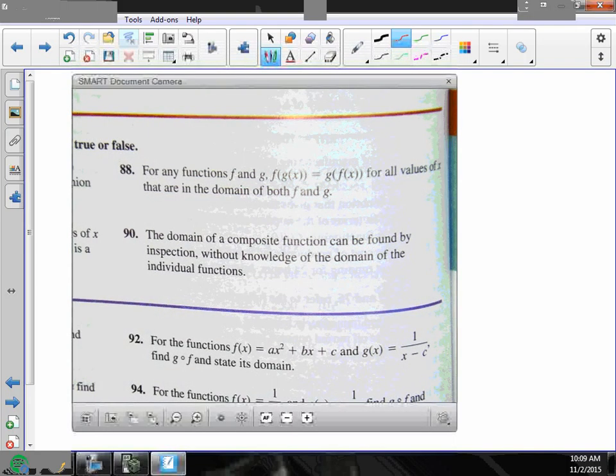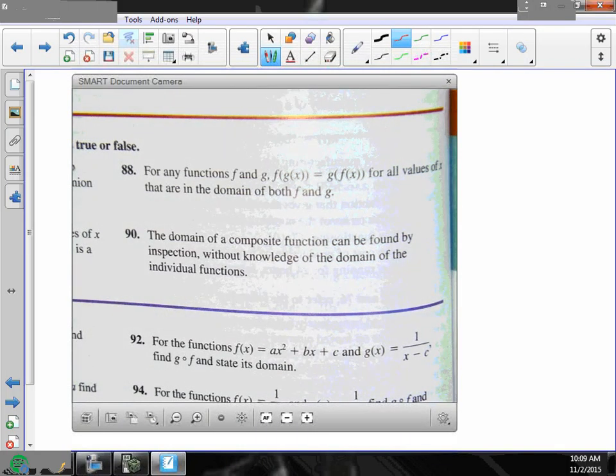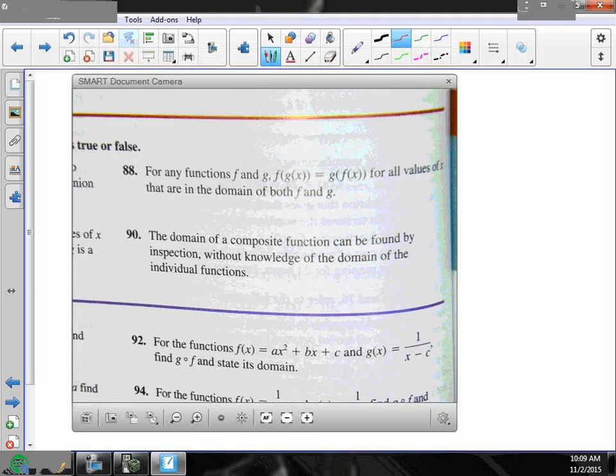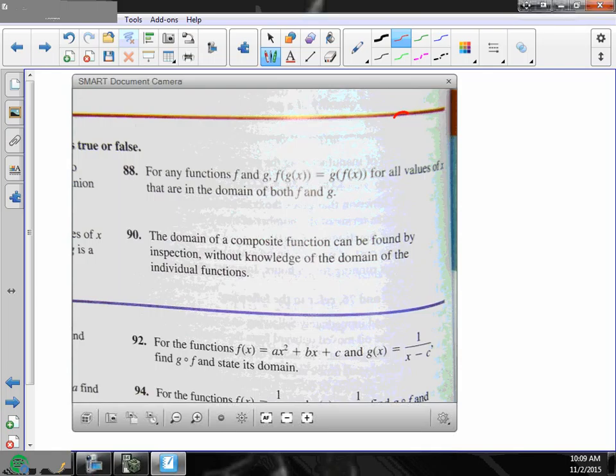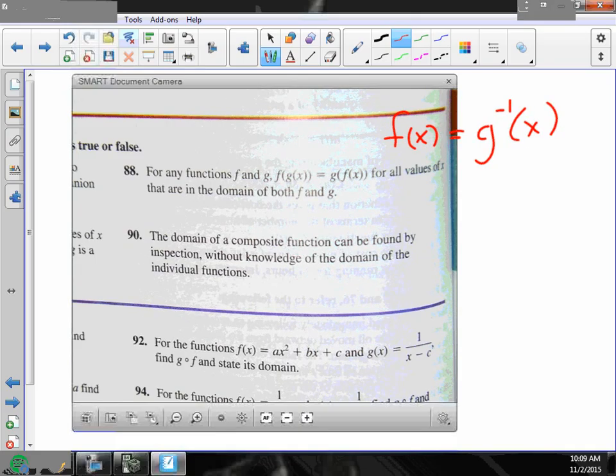No, in fact, it's only true in one case. When are those two compositions the same? So y equals x is a case where that would be true, because y equals x is its own inverse. This is only true when f of x is equal to g inverse of x. If they are inverses, then that's true.